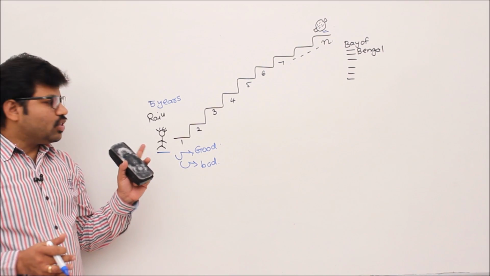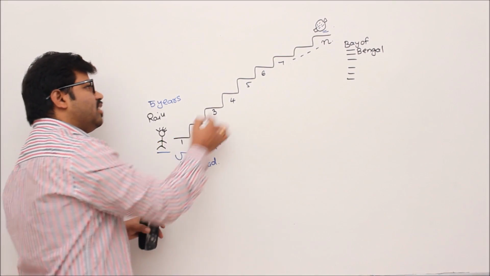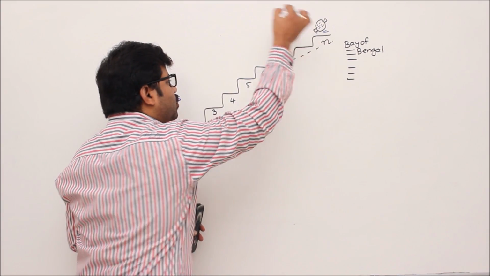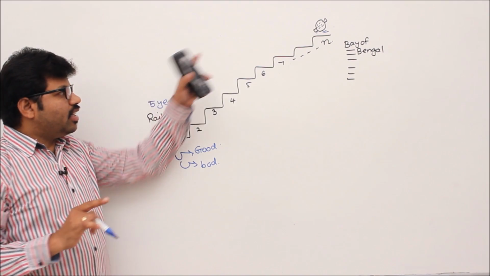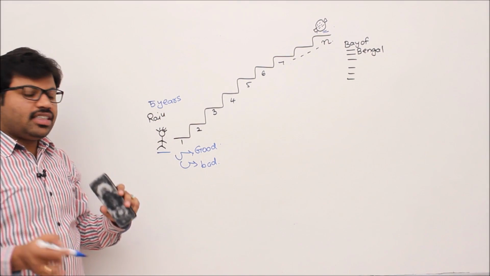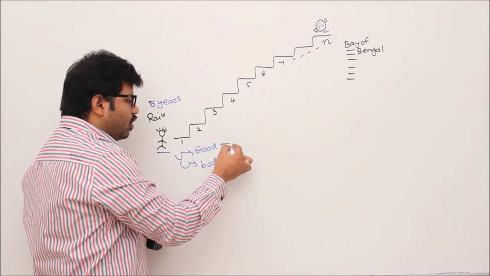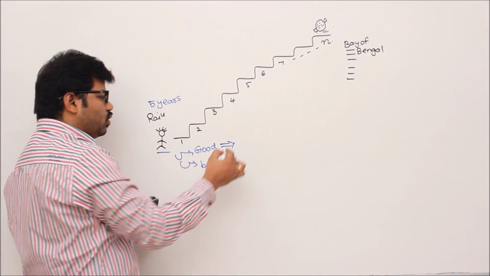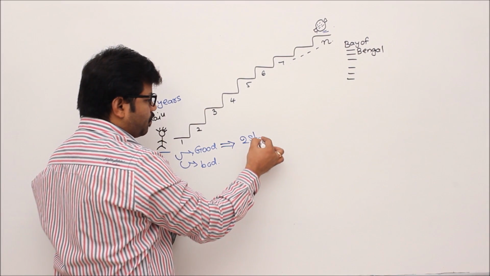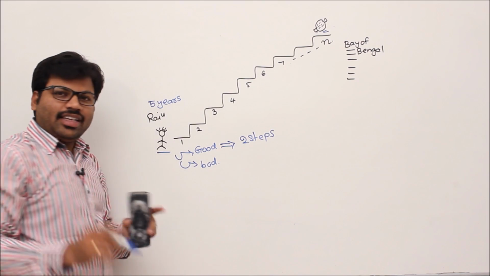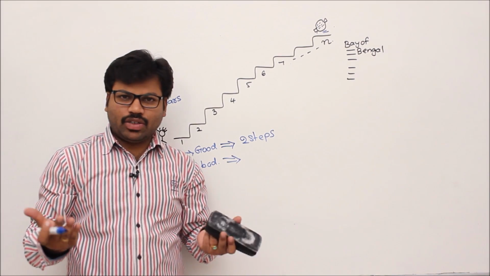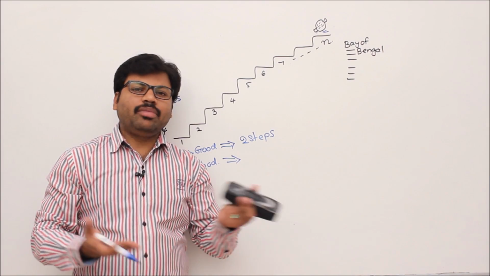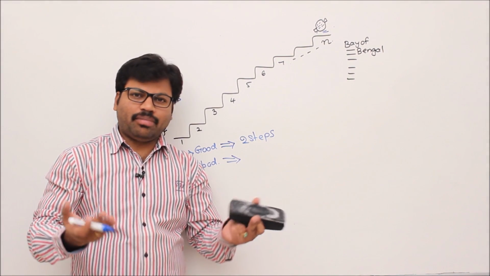Now this Raju is going to cross these n steps and he wants to take that chocolate. Then how many different ways can he reach that nth position? But the condition is when he is in good mood, he will jump 2 steps. That means he will take 2 steps. Now when he is in bad mood, usually, when people are in bad mood, they will be very serious and they don't jump and all, right?